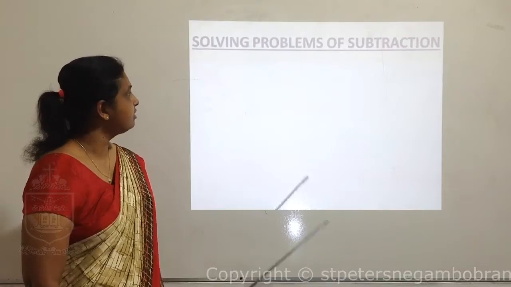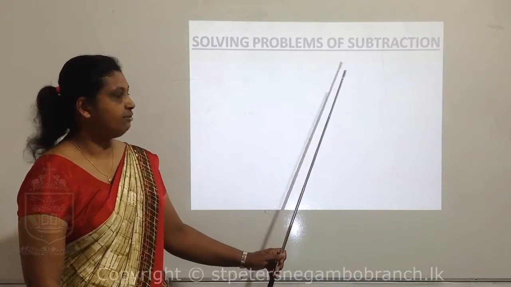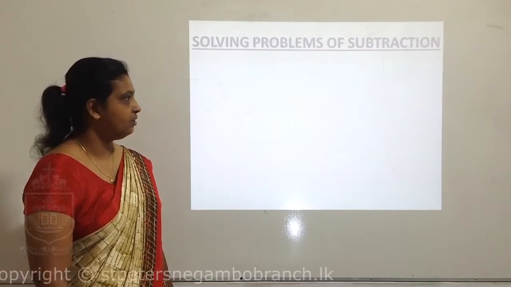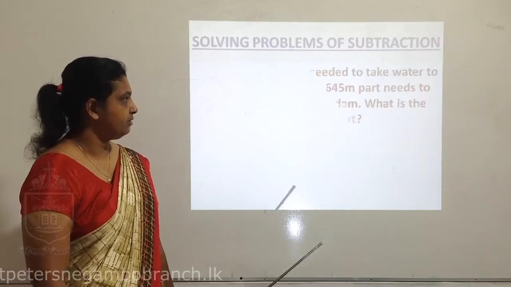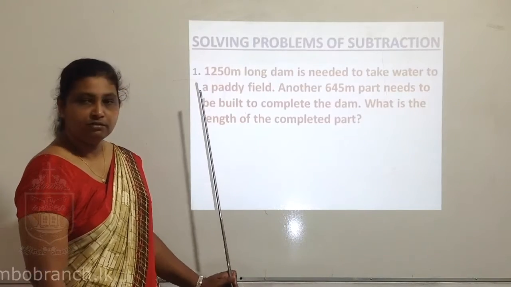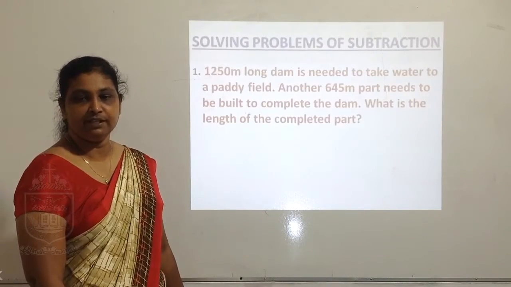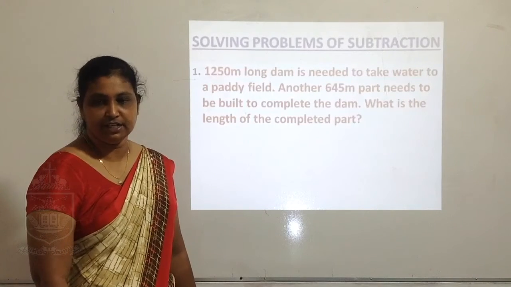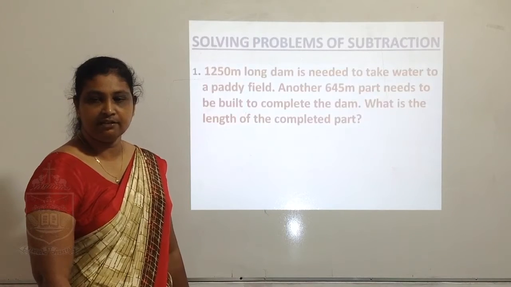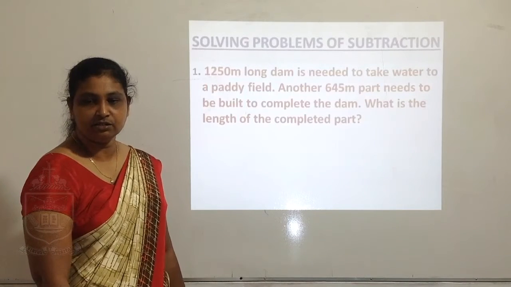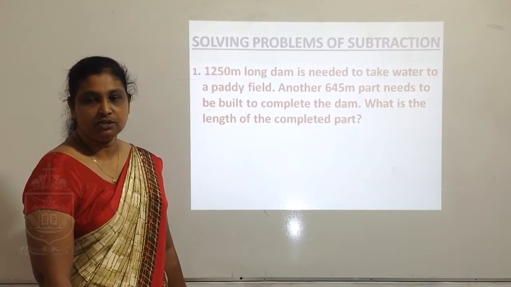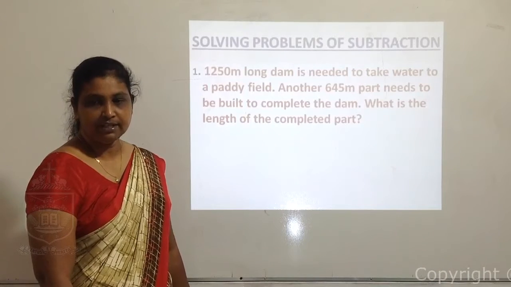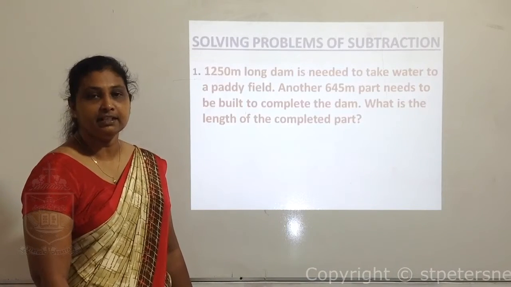Next part is solving problems of subtraction. Now we see the example. A 1250 meter long dam is needed to take water to a paddy field. Another 645 meter part needs to be built to complete the dam. What is the length of the completed part?